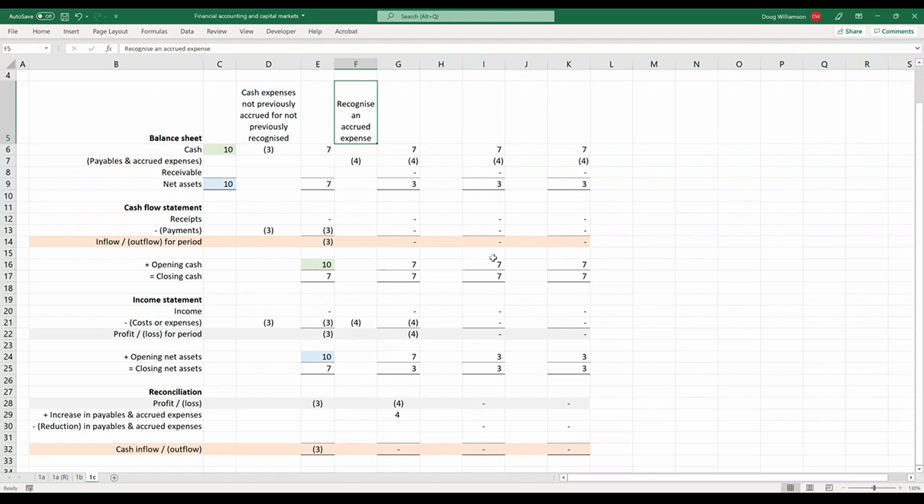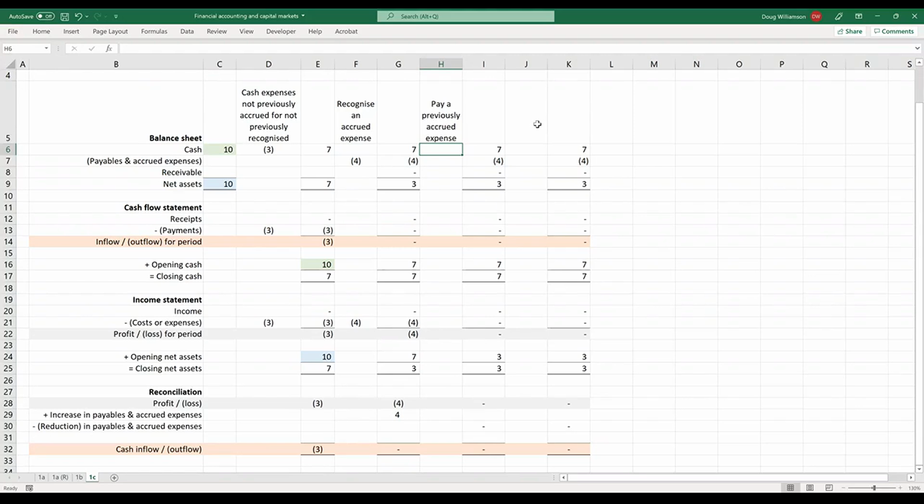Okay, recognizing accrued expense. Now let's say we pay a previously accrued expense. This is rather like paying a supplier who sent us a bill. There may well be a bill intermediating, but in accounting terms, let's just say we're settling this straight from the accruals account.